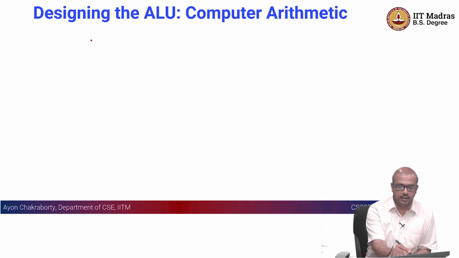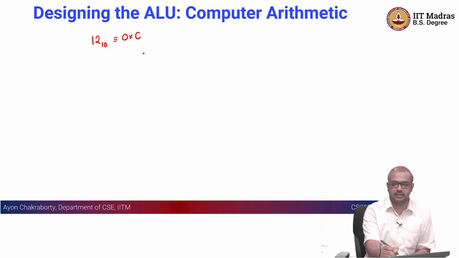So, 12 in decimal is expressed as C. This is C, or maybe I will write 0xC. This is a hexadecimal representation, which is 8 and 4 is 12. So, 1 1 0 0. Okay.